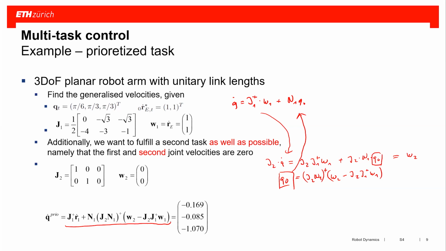And how do we get N1? We have displayed a null space before in one of the exercises that we looked at previously.